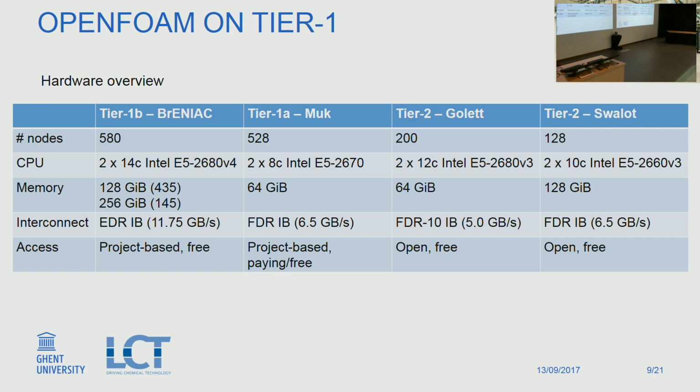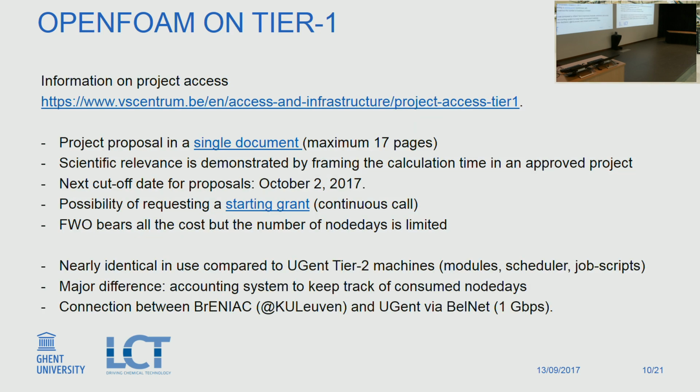So that's a cost that FWO gladly pays for Breniac, but just this number alone on electricity is quite staggering. That's why it's quite surprising also that they can make it free. This project based, I say it's a downside, but it's not something that has to prevent you from trying to use it.